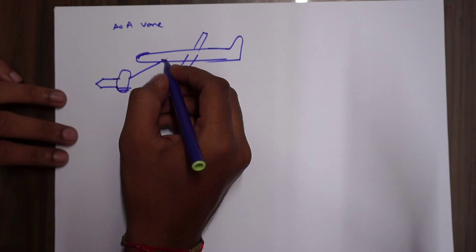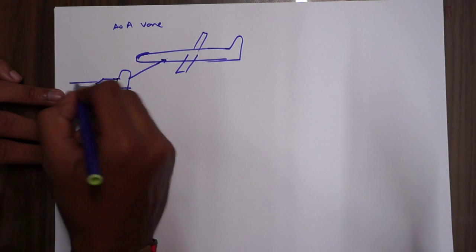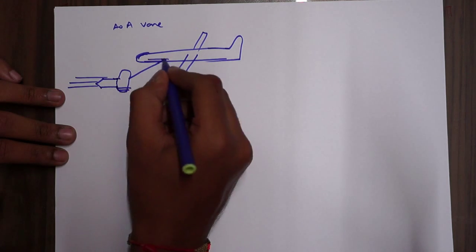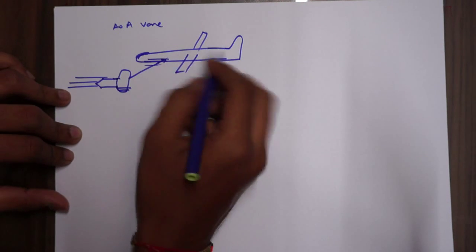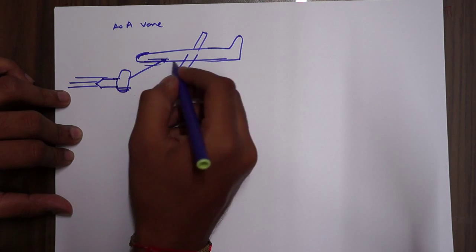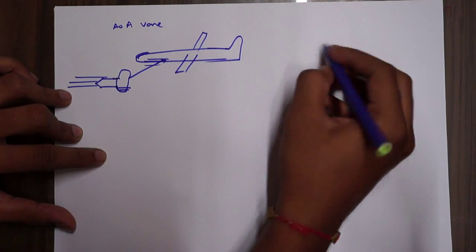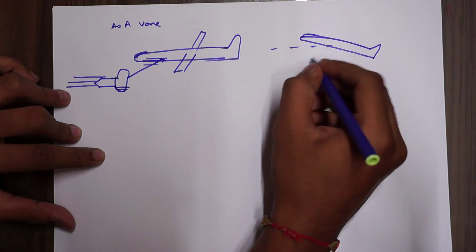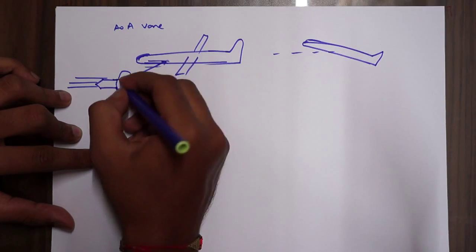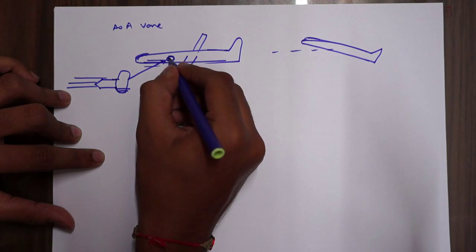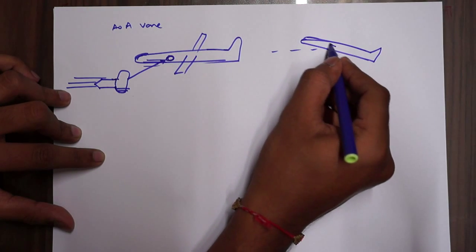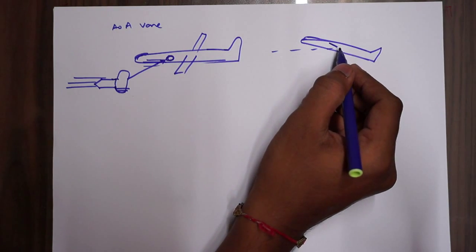What happens is when the aerofoil hits this angle of attack vane, at normal circumstances it will be the same, but if the angle of attack is increased, the vane will move internally from this position, say upwards. It's similar to the flapper switch.